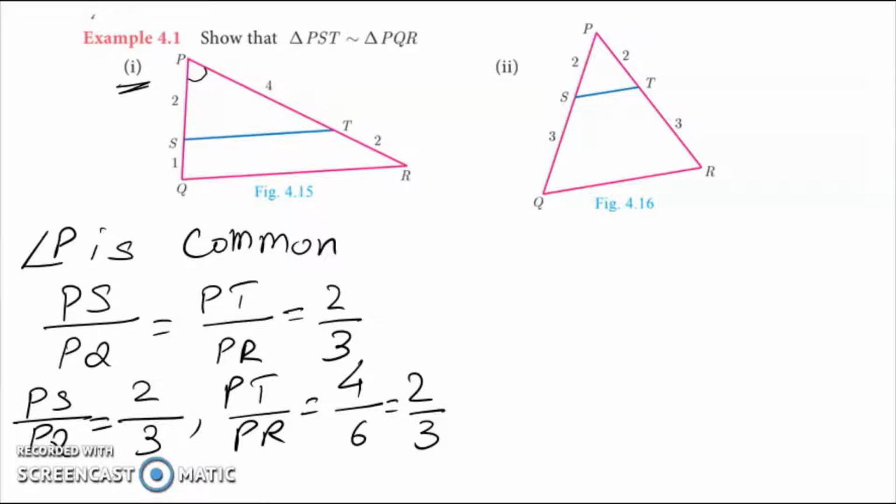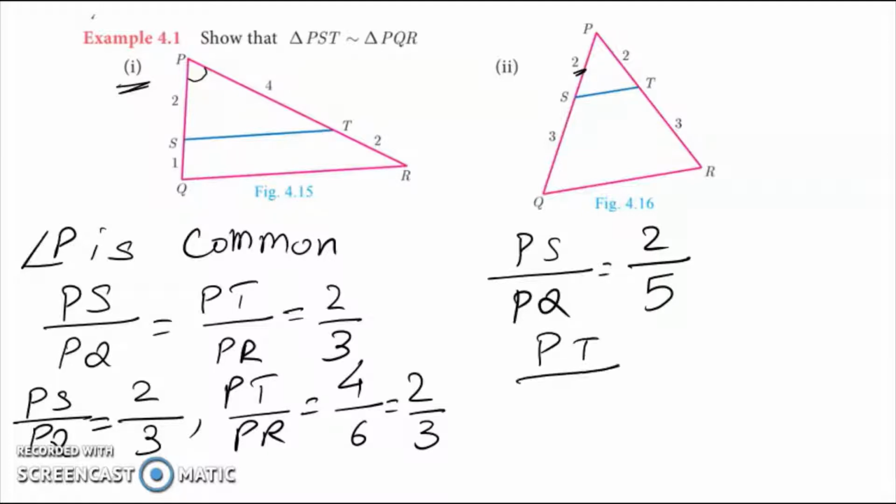Then in the second one, we have to prove the same. So applying the same method, let's find PS by PQ. That's equal to PS is 2 over PQ is 2 plus 3, that's 5. And let's find what is PT by PR.